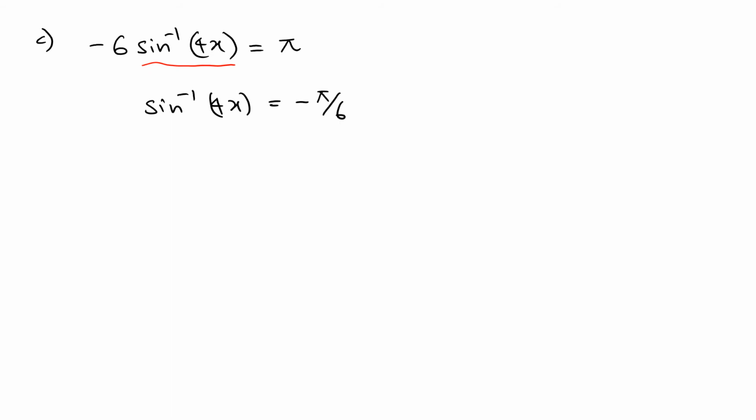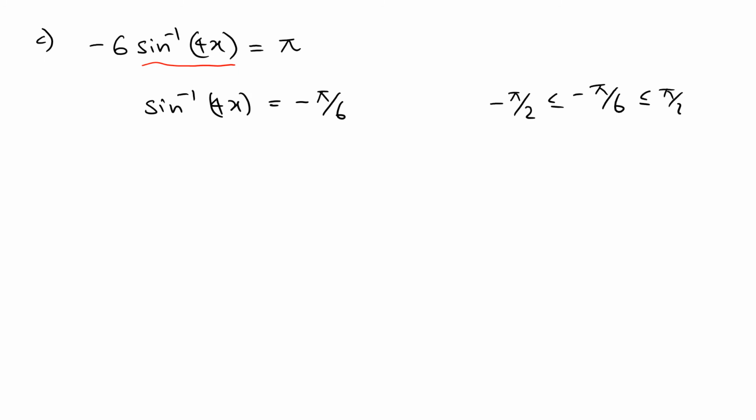And then we also notice that negative pi over 6 is in the interval going from negative pi over 2 to pi over 2. That means we can use the definition because this is the inverse, so it's in the right domain.